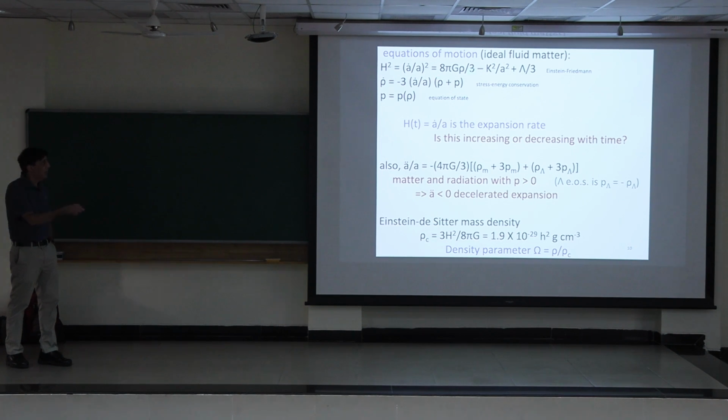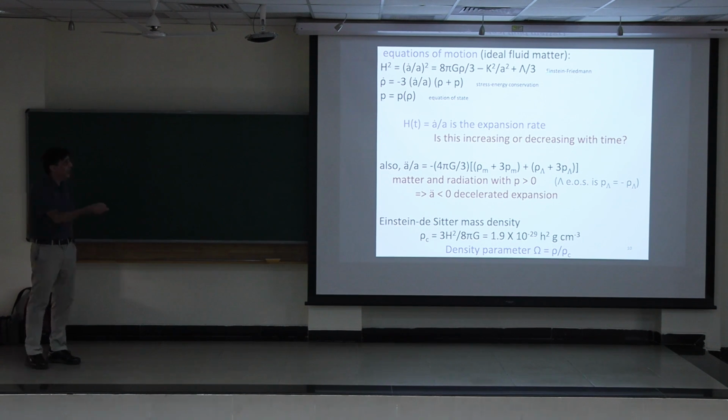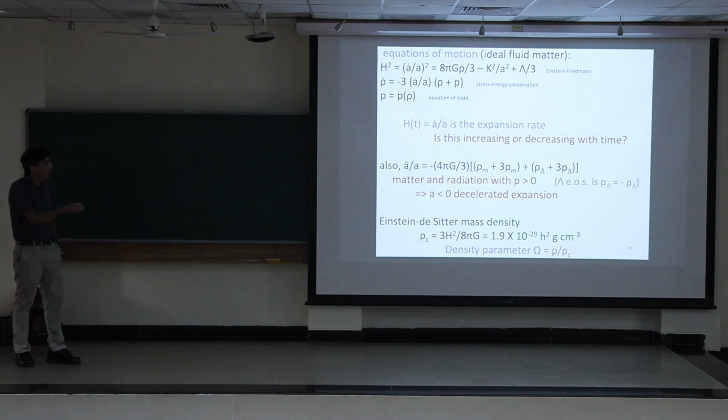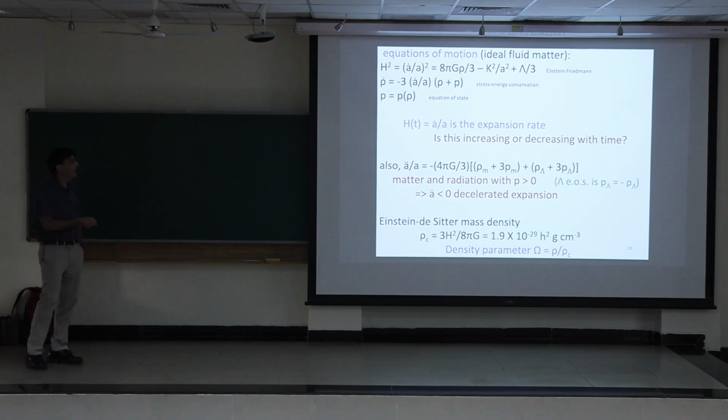You have mass per unit volume, or energy per unit volume, the energy density, and spatial curvature contributes, and the cosmological constant contributes. And you also have to have conservation of energy, so the rate of change of the energy density, it's going to do PdV work, and that's why the pressure shows up here. And to complete this, you need an equation of state that gives you the pressure as a function of the energy density.